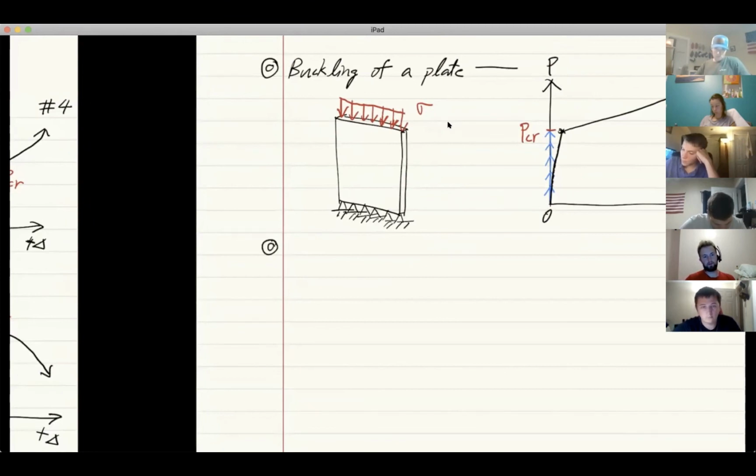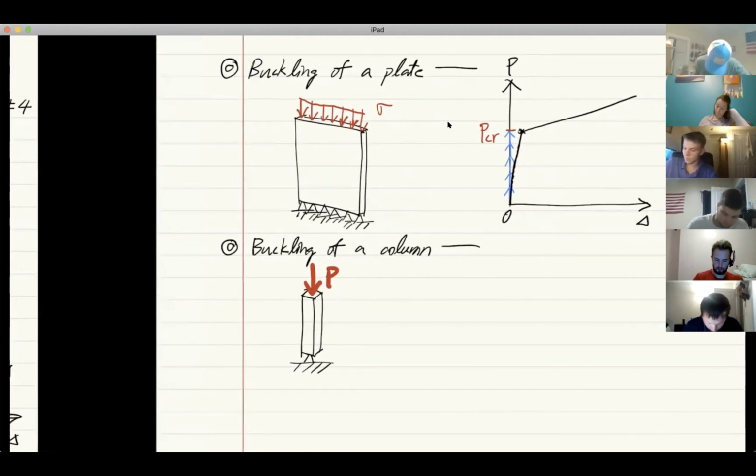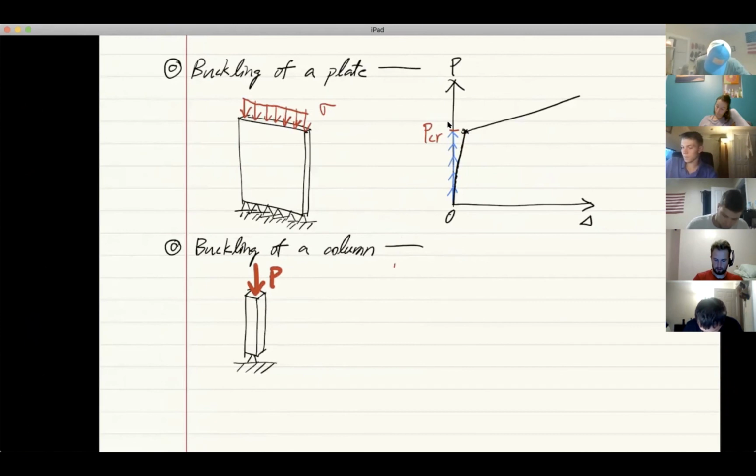What about for a column? For a column, something like this, and is subjected to an axial force P, like this. The buckling curve looks like this.